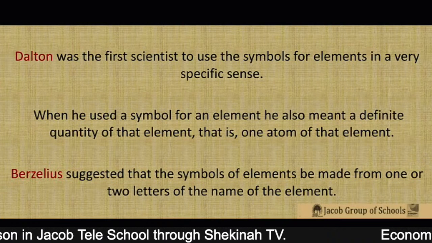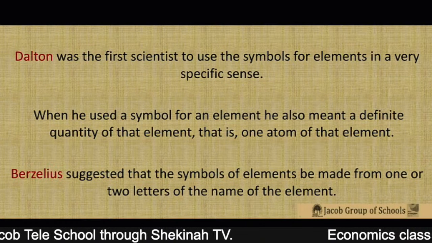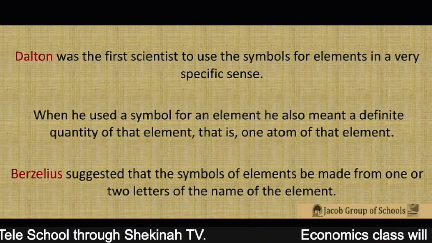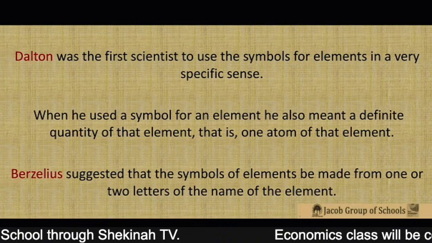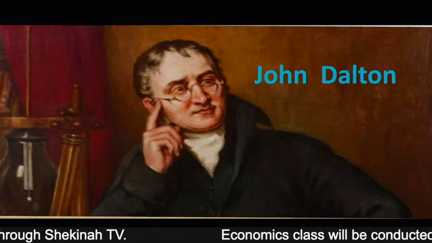Again, Berzelius suggested that the symbols of elements be made from 1 or 2 letters of the name of the element. Berzelius is the next scientist who comes. First of all, see the picture.